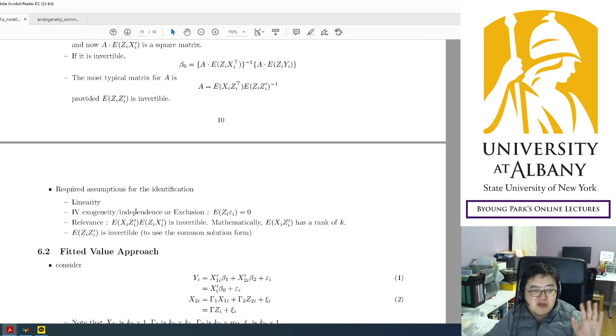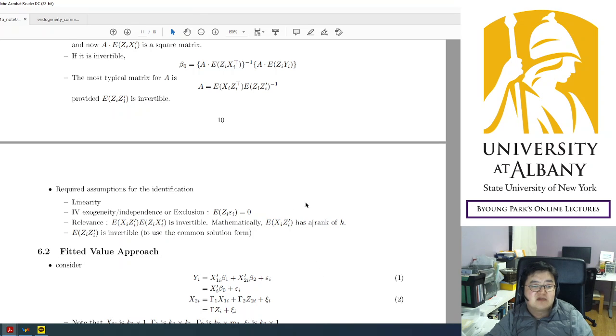Compare these with the classical linear regression assumptions. The exogeneity, which was originally put on x, is now put on z. So z should be exogenous. Instead, x may be endogenous; we do not restrict x. And we have an additional assumption, the relevance assumption, which did not exist in the classical linear regression model. Mathematically, this is rank k.